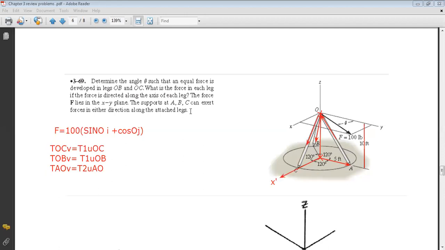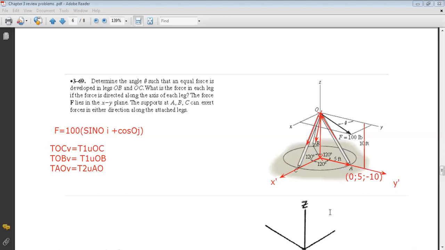So X and Y are equal to X prime and Y prime of the points. X prime of A is equal to X of A, which is 0. And Y prime of A equals Y of A, which is 5. So the coordinates of A will be 0, 5, and minus 10.